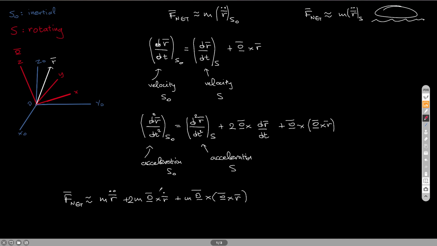And once again, this is what Newton's second law looks like in a rotating frame of reference.